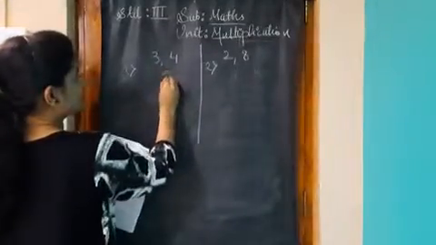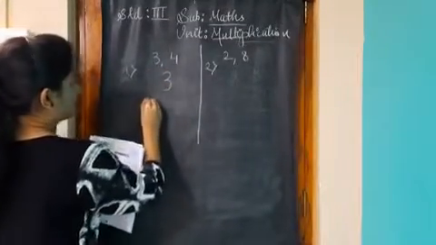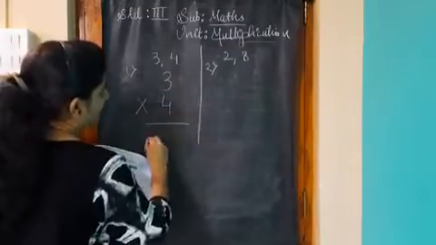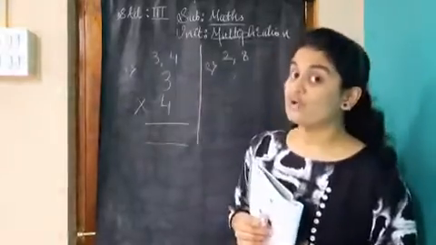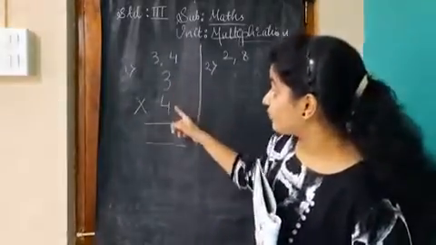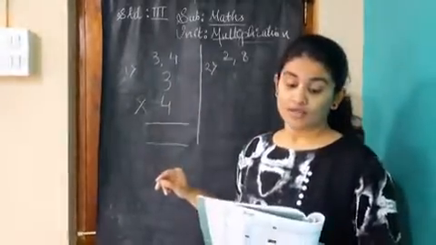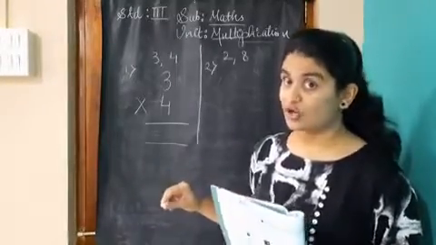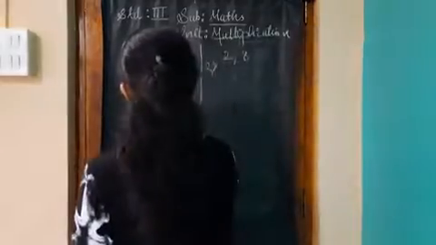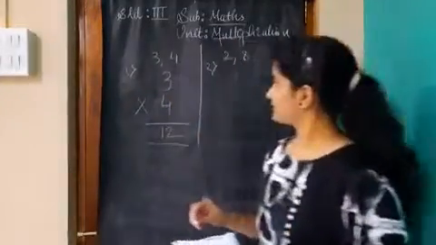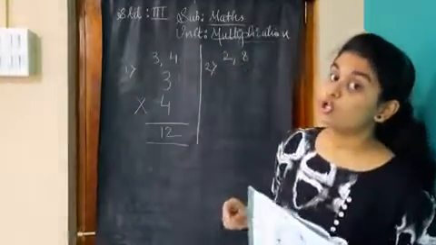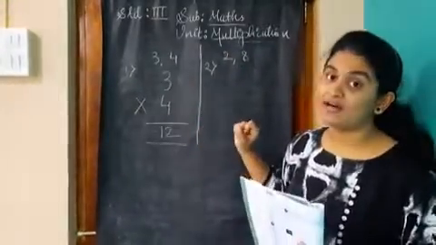That is 3 multiplication sign 4 and the answer. Understood? So who will tell me what is 3 4s are? 3 4s is 12. Understood? Now we will arrange this number also in vertical manner.